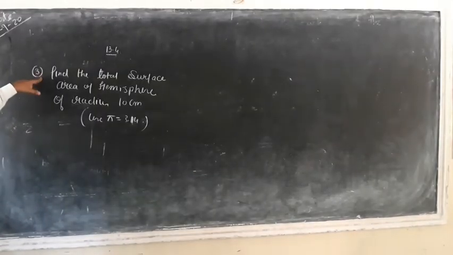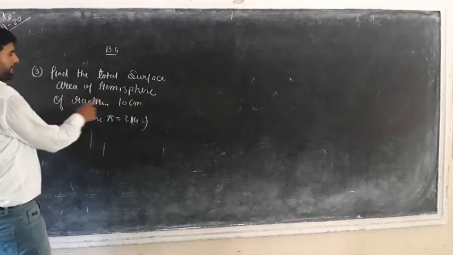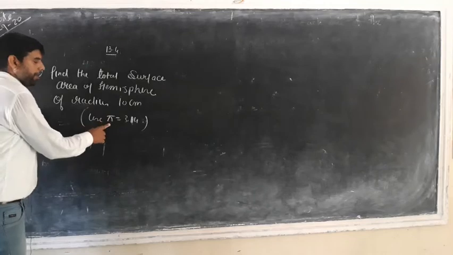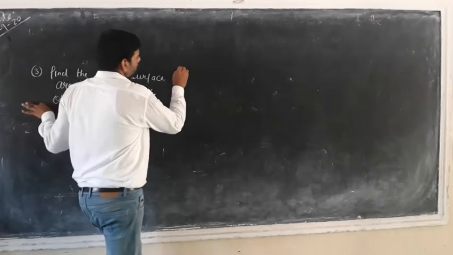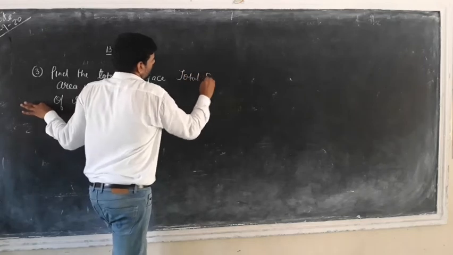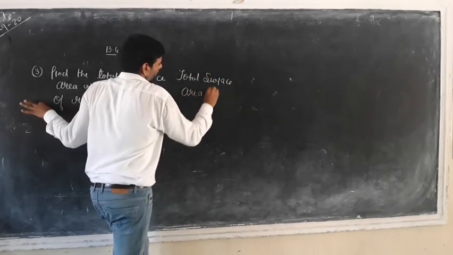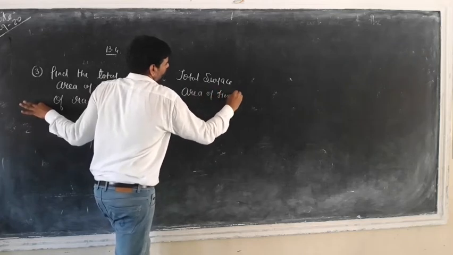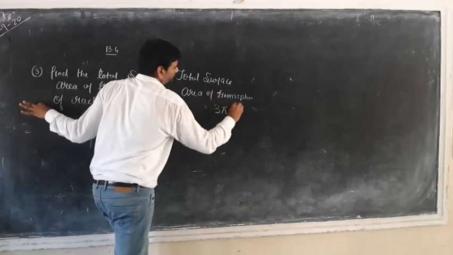In this question, find the total surface area of a hemisphere of radius 10 centimeter. Use the value of pi as 3.14. Total surface area of hemisphere is equal to 3 pi r square.